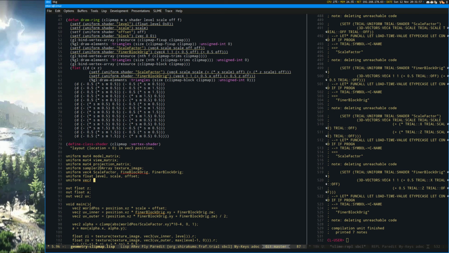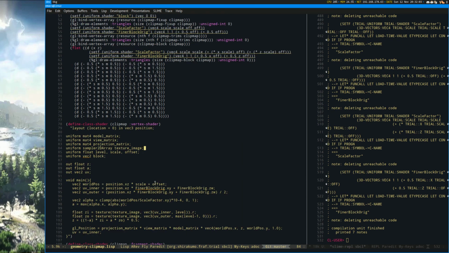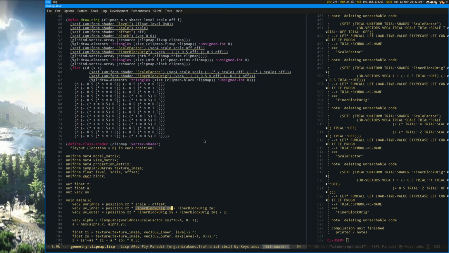Uniform back to block. So. This is always 1. And then this is what?